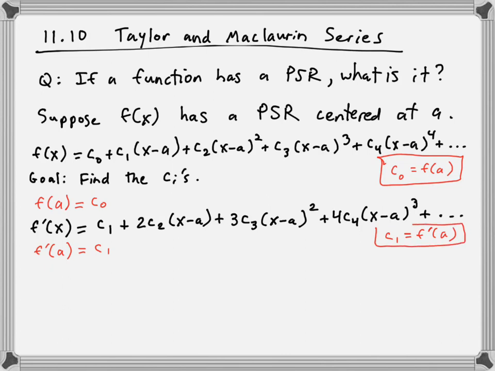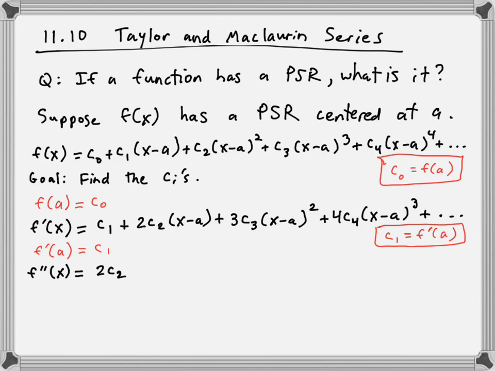So we're starting to see a pattern here, except we're not sure if this pattern is going to continue. We're going to do this a couple more times until we get the pattern for sure. So I'm going to take another derivative, f double prime of x. The c1 is going to go away, but now we're just left with 2c2, and everything else goes down by a power.